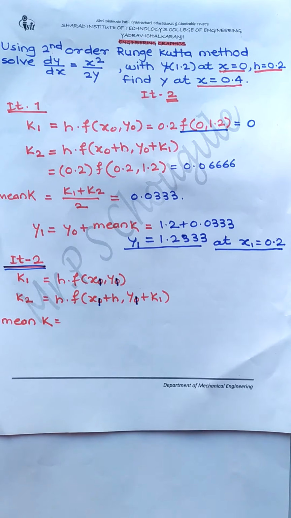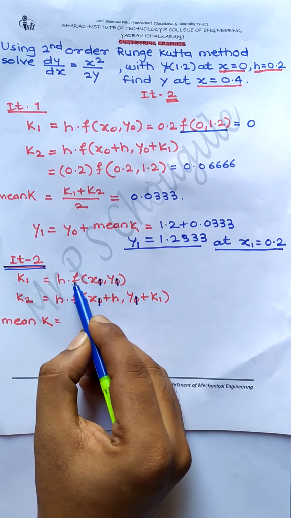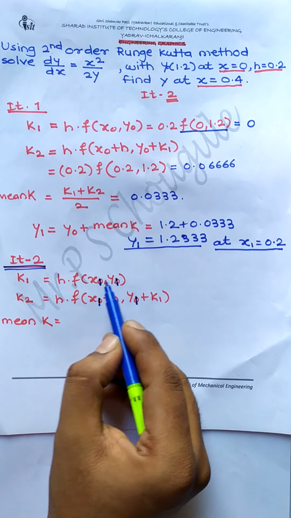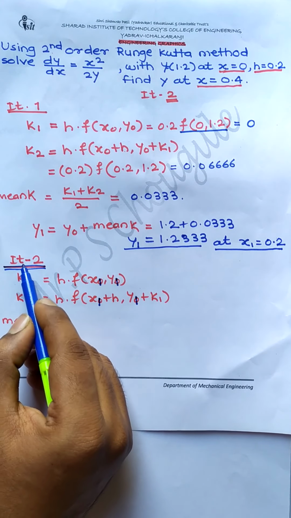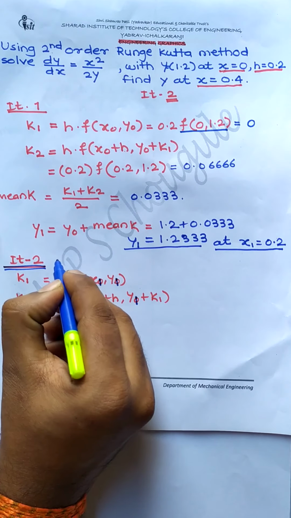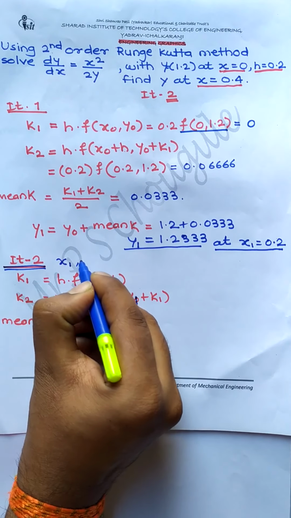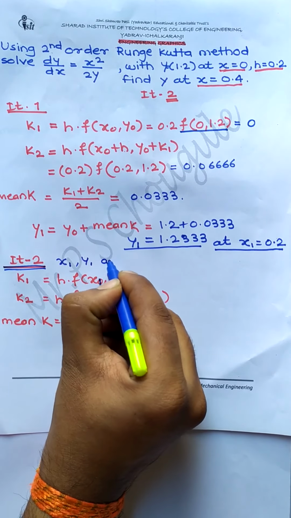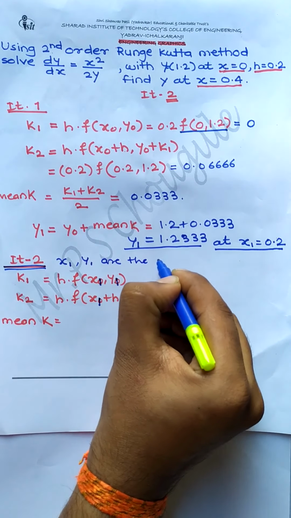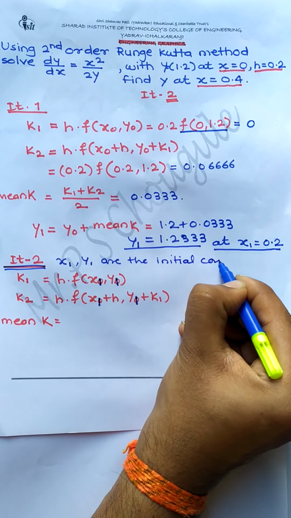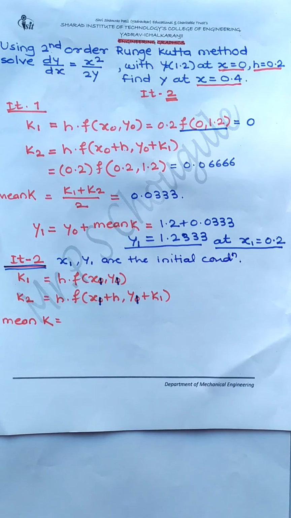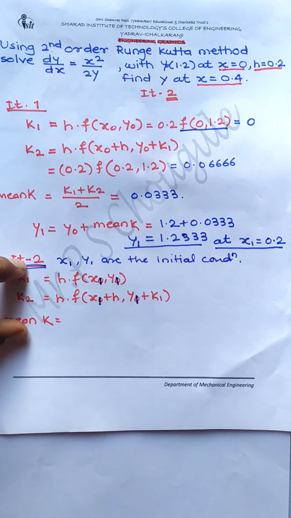Simply this much change you have to make. So the value of the function at x1 and y1 will be the initial condition for iteration number 2. So x1 and y1 are the initial condition for the second iteration.